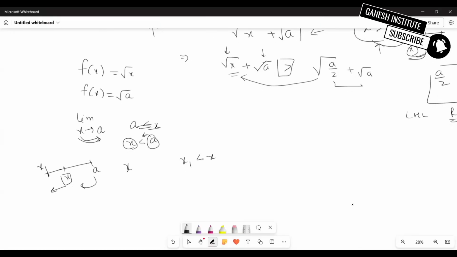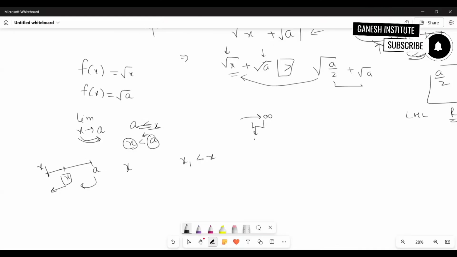You consider greater value. You have to consider greater value only. Why not lesser? Because you want to show that it is reaching out to infinity, but still it has an upper bound. And bounded, then you can also assume that x is more than x1, right?